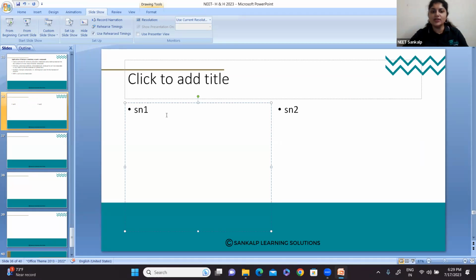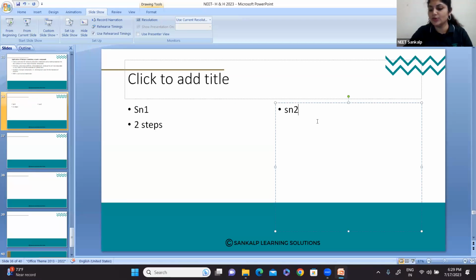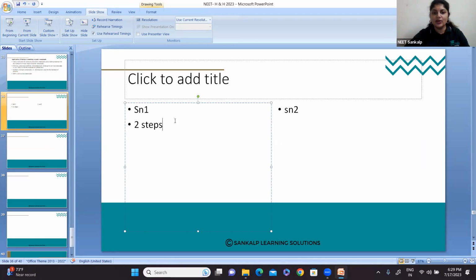SN1 involves two steps with the formation of a carbocation as the intermediate. And what about SN2?